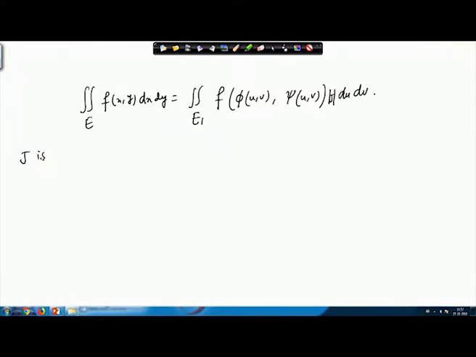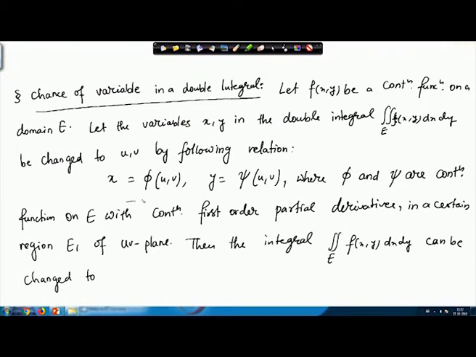J is called the Jacobian of the transformation, and when I say transformation, I basically mean this here.